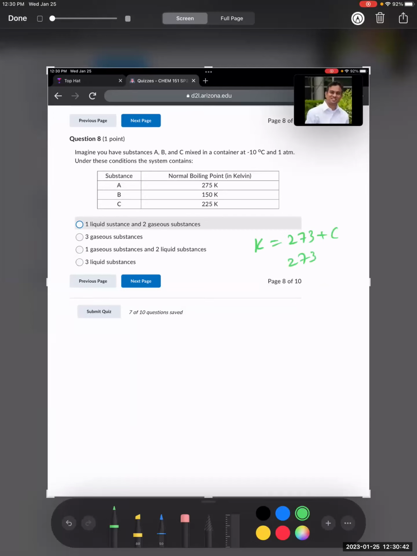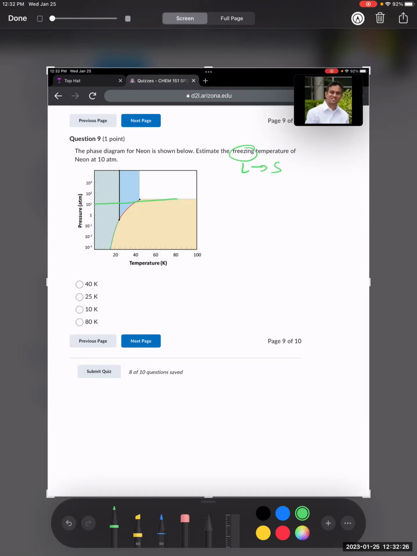Okay. Moving on, the phase diagram for neon is shown below. Estimate the freezing temperature of neon at 10 atm. Okay, so again, 10 atm, let's draw the line. 10 atm is over here. And freezing means liquid is becoming a solid. So we are looking at the liquid-solid boundary, which is this boundary over here.